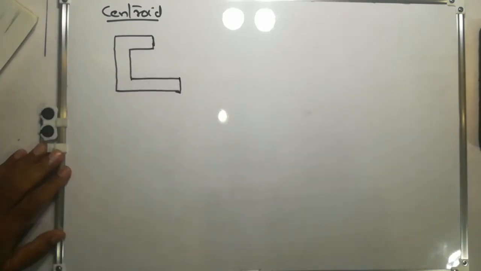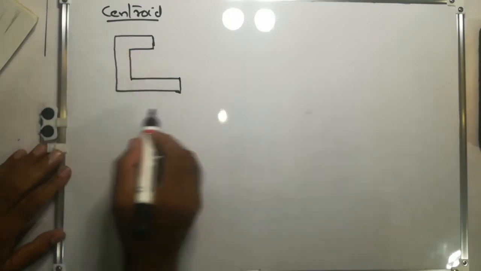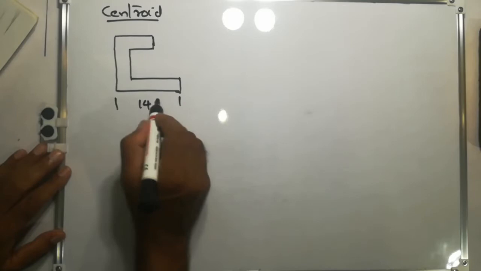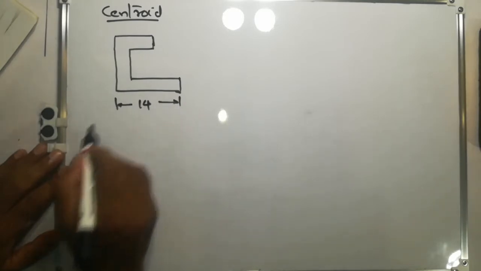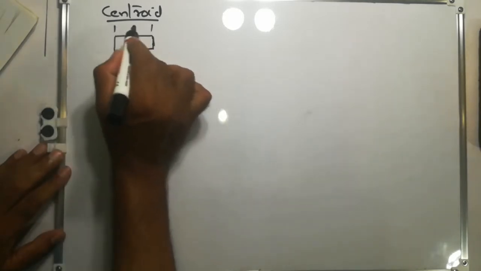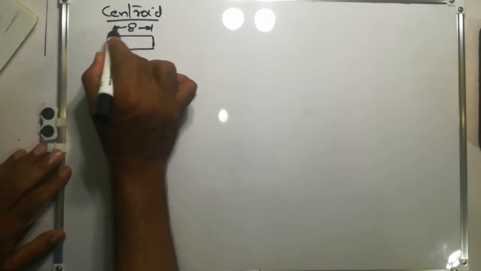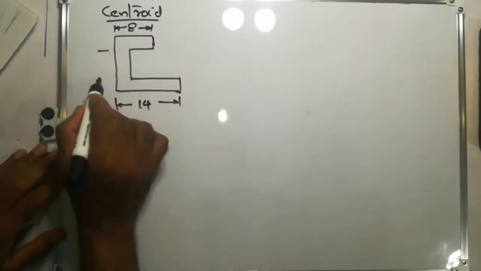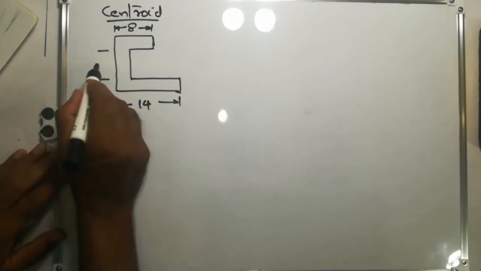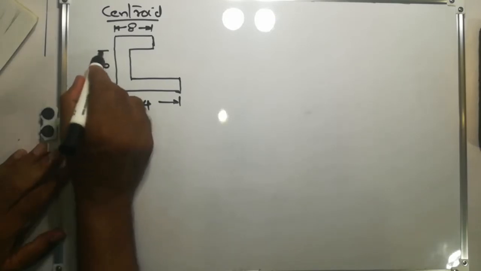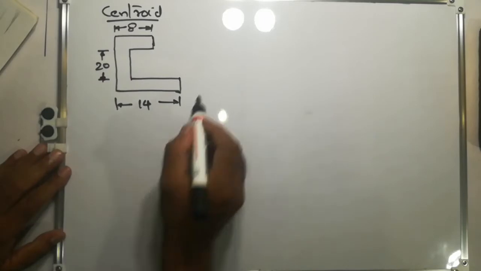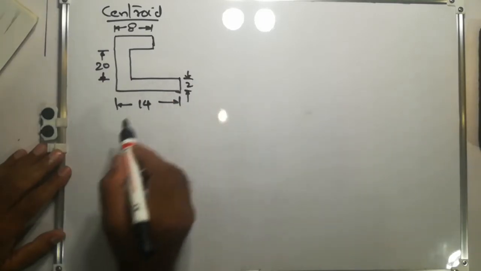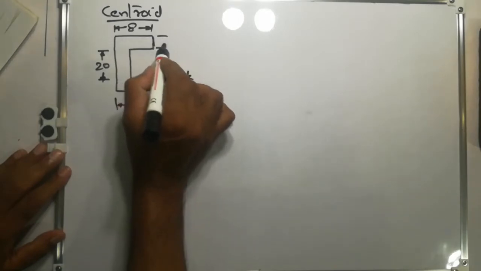The dimensions are, all in centimeters: this is 14 centimeters, this is 8 centimeters, this distance is 20, this distance is 2, this is also 2.